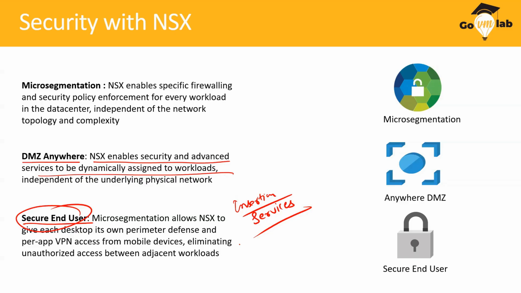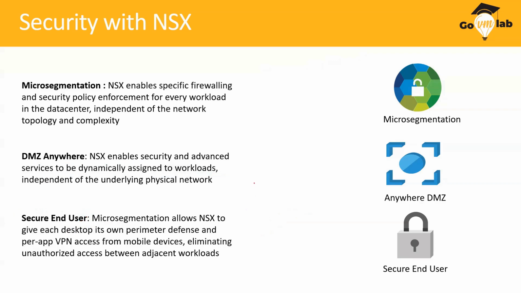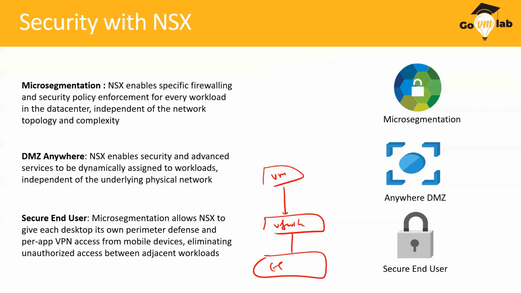So you can protect your virtual machine at the perimeter level, right? At the network level when the packet leaves the virtual machine. So see, there are two ways of protection, right? One way of protection is this: this is my virtual machine, the packet leaves my virtual machine, hits the virtual switch, and then goes to my ESXi host.